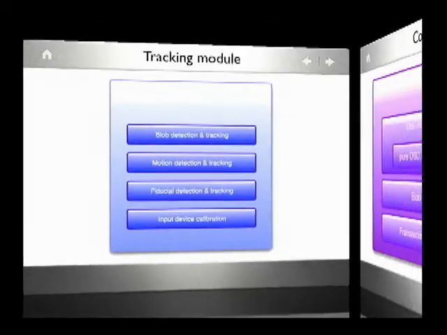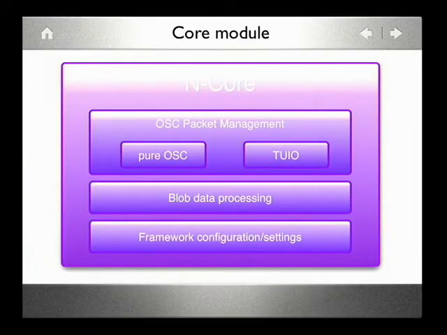The second module, the nCore module, is in charge of the framework commands and settings. This of course includes calibration settings, gesture module settings, and the chosen method of communication with internal and external applications. It also does some blob data processing, some calculations of values like pressure, velocity, size, distance, and acceleration.